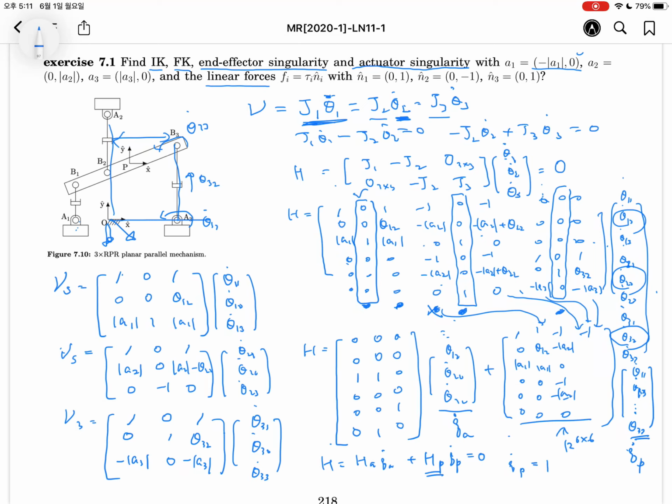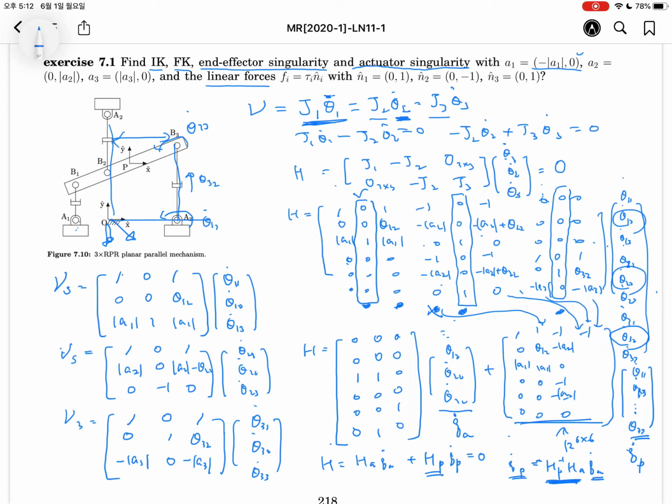So QP dot can be obtained as minus HP inverse HA QA dot. If you know QA dot, then using this matrix we can find the passive joint angle velocity. Okay, so it is related to the passive Jacobian.